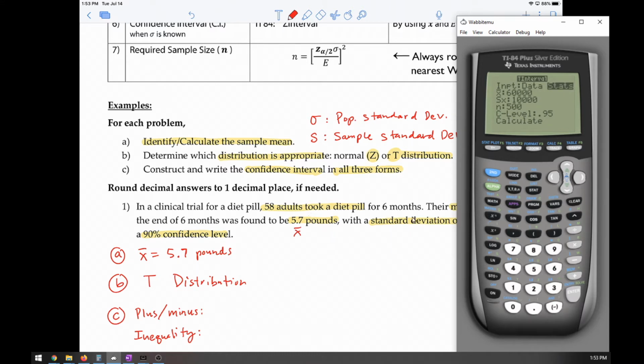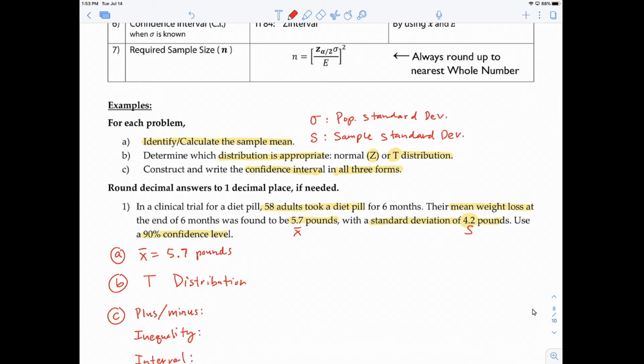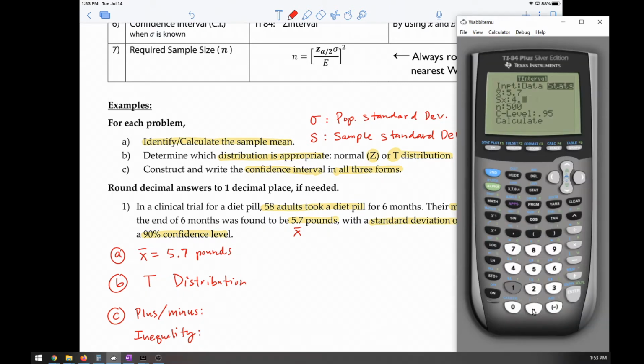These values here are statistics. x bar is the sample mean, that's 5.7. s is 4.2. n is 58, that's the sample size. And the confidence level here is 90%, so I'm going to put down 0.9 or 0.90. It doesn't matter.